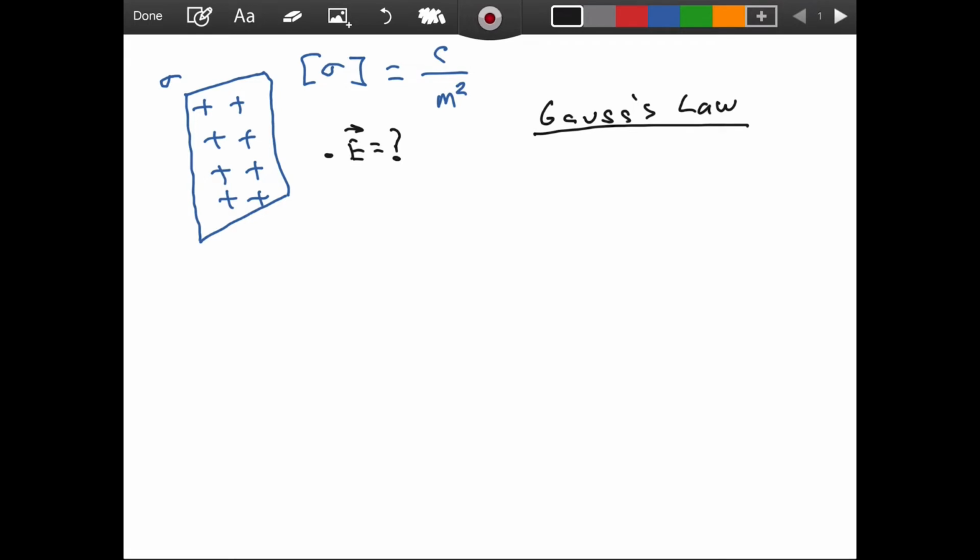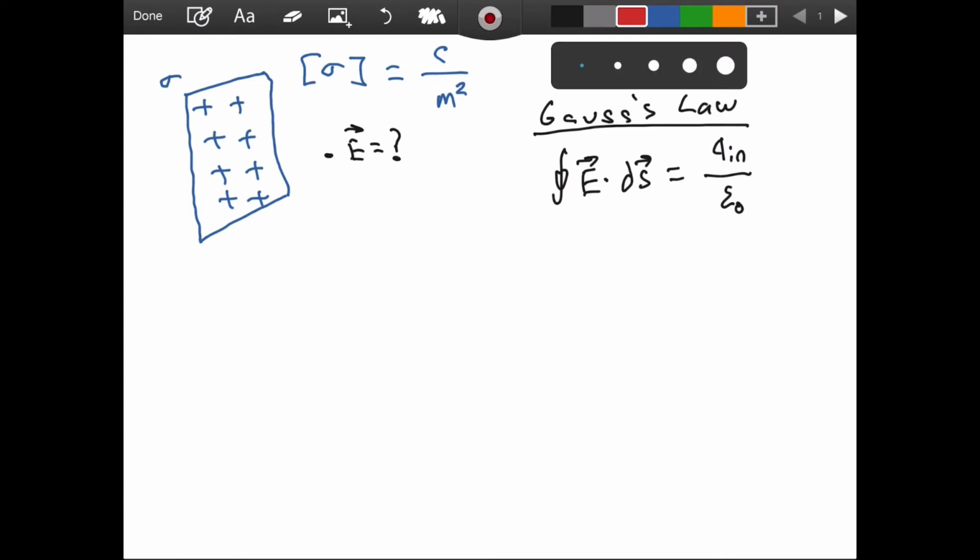So Gauss's law says that if you have the dot product of the electric field with dS, an infinitesimally small area vector, and you take the closed surface integral, then you get q inside divided by epsilon naught. So to be able to use Gauss's law, we need to decide on a closed surface. And the surface that I want to use is a cylinder.